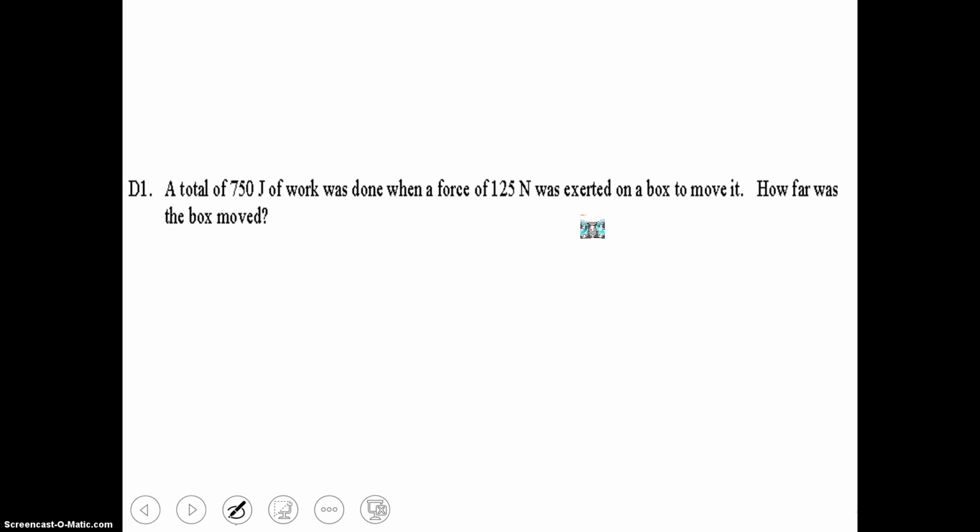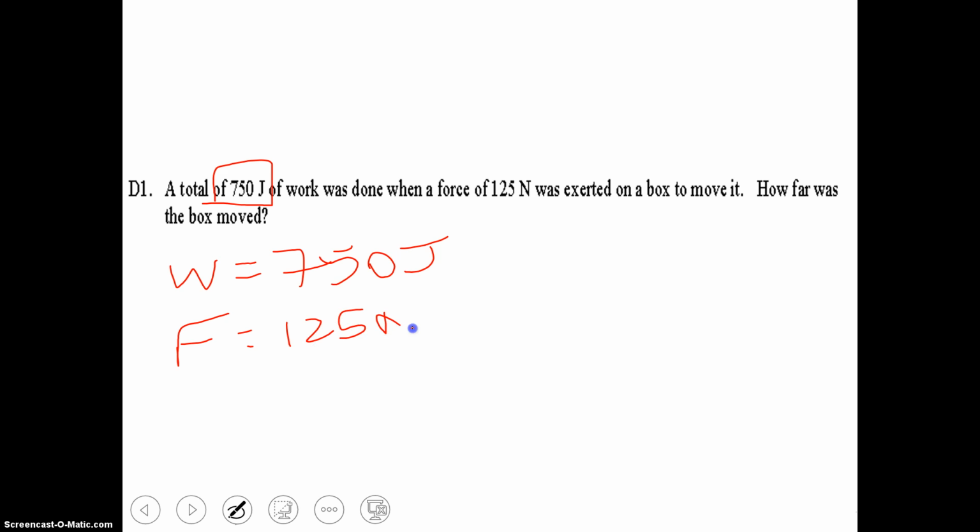Okay, a calculation question. A total of 750 joules of work, so work is 750 joules, when a force of 125 newtons is exerted on a box to move it. How far was the box moved? That's asking for distance.